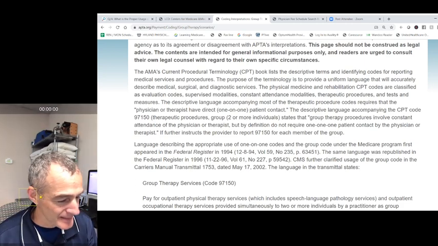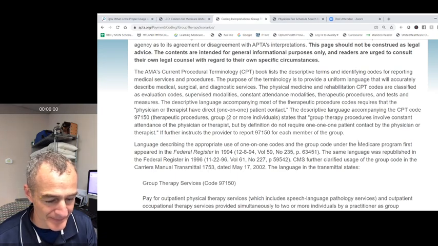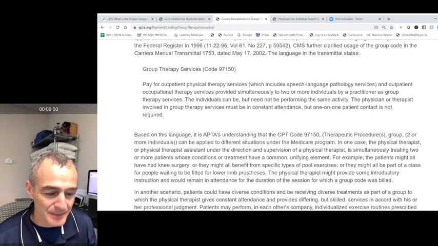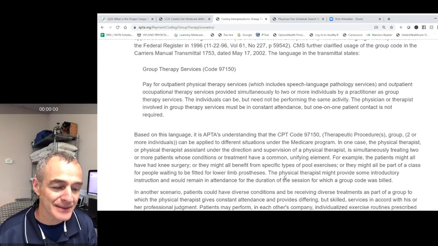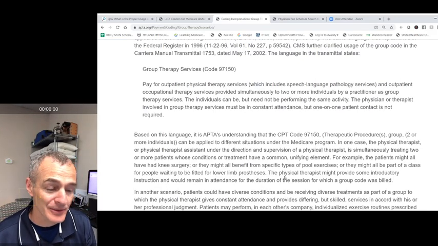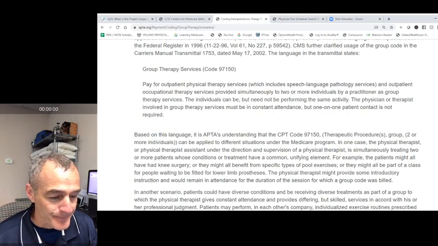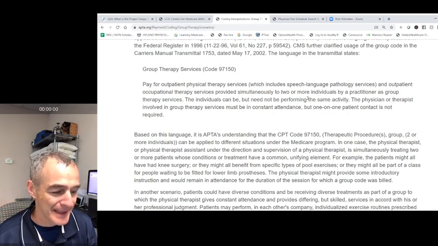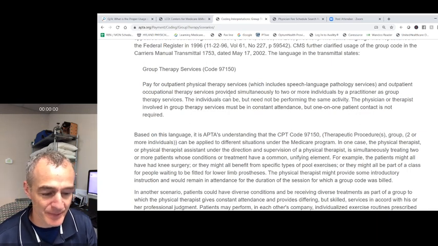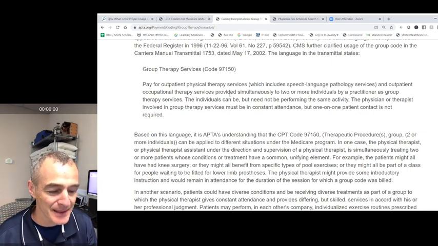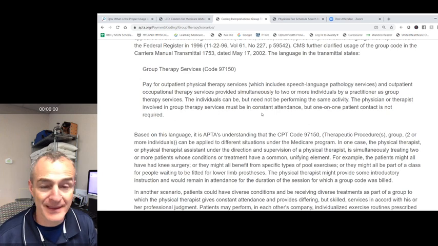But if we take a look at this, we look at group therapy 97150, basically paying for outpatient physical therapy. It also includes speech and OT. Simultaneously to 2 or more individuals by a practitioner as a group therapy service. Individuals can be, but need not be performing the same activity.